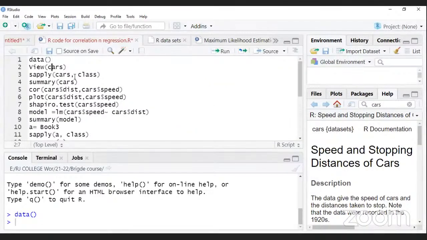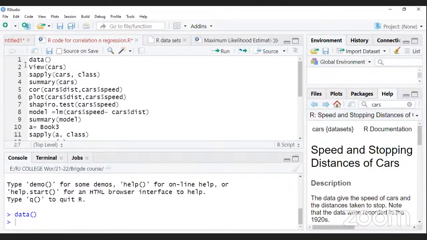Now suppose you want to view the data. So far we have studied that there are 50 observations and two variables, but I want to see actually how the data looks.